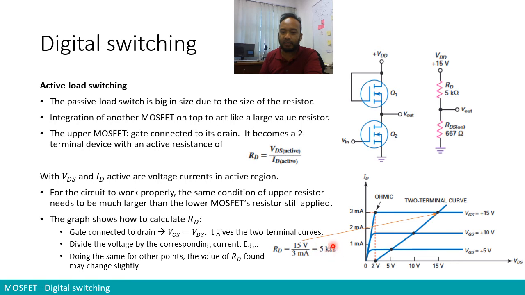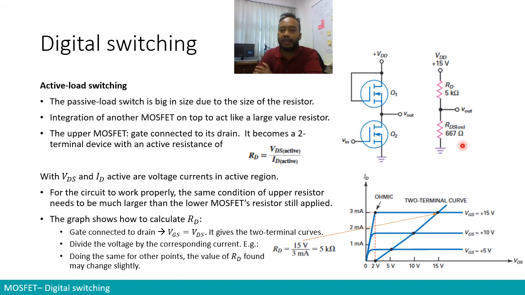The resistance of the MOSFET on the top is 5 kilo ohm. And then the resistance of the bottom MOSFET is found by calculating the RDS(on) of the MOSFET when it is operating in the ohmic region. In this case, it is equal to 667 ohm. So we can clearly see that the top resistor is much larger in comparison to the lower resistor.